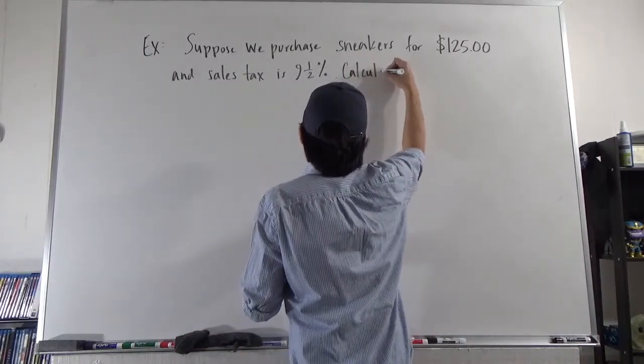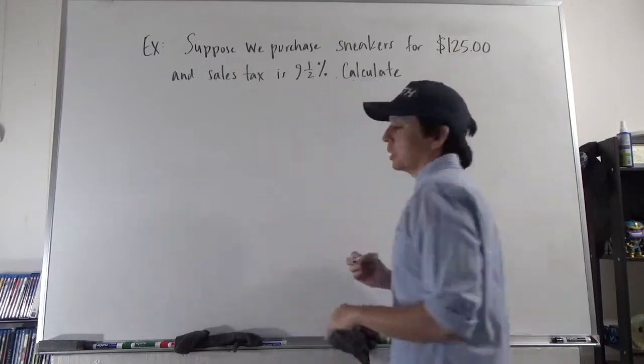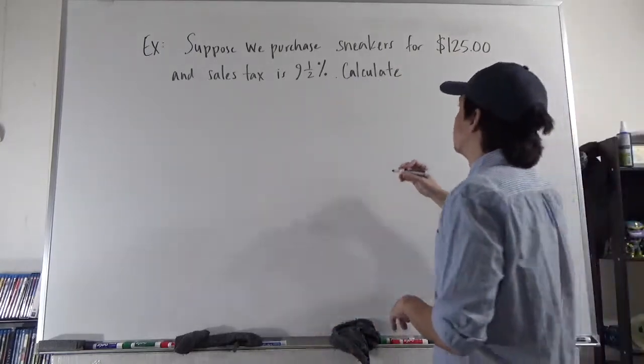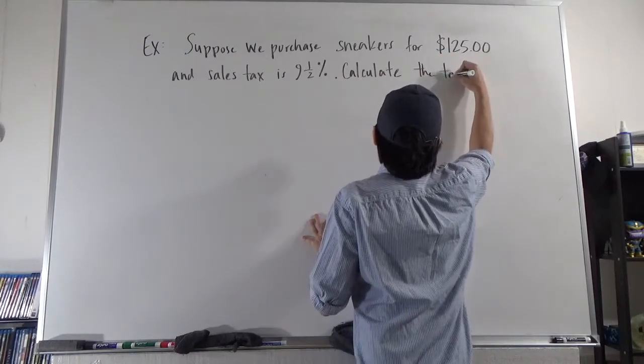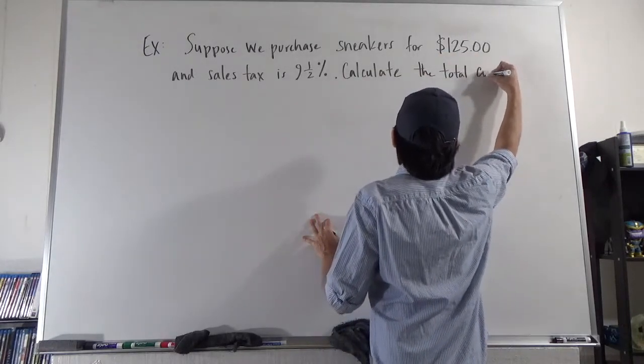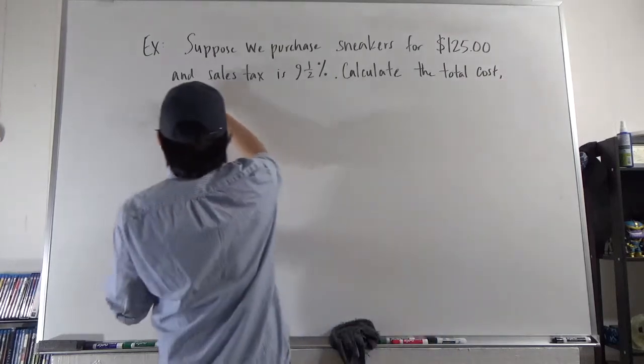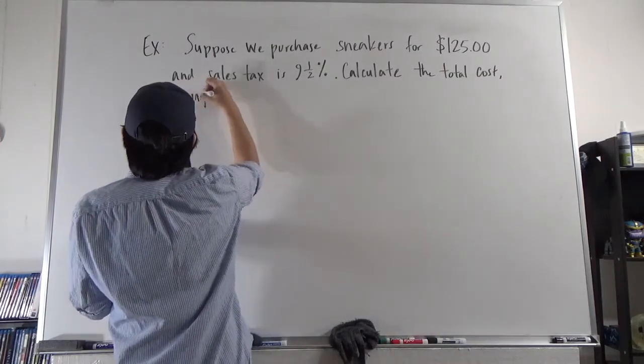Calculate the total cost. No need to calculate the tax separately. We just want the total cost. And I will specify using multiplication by a single factor.